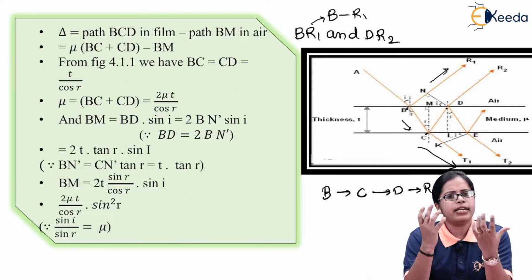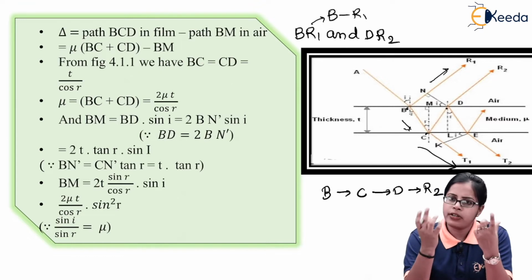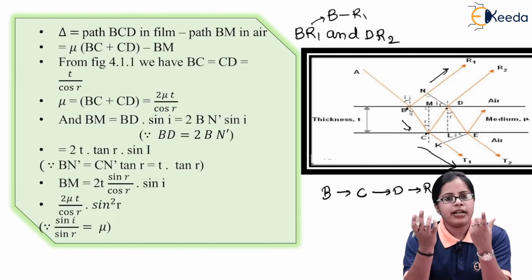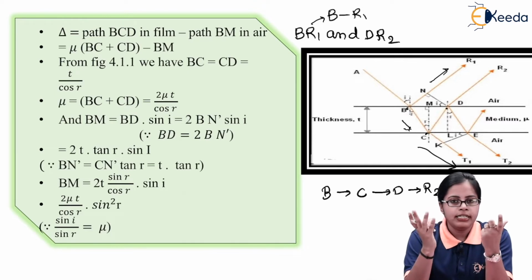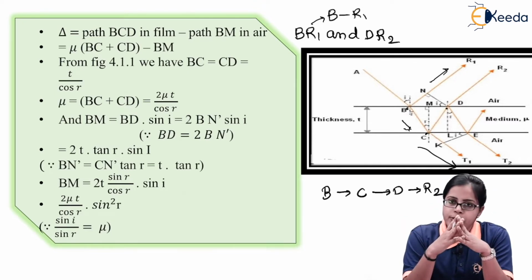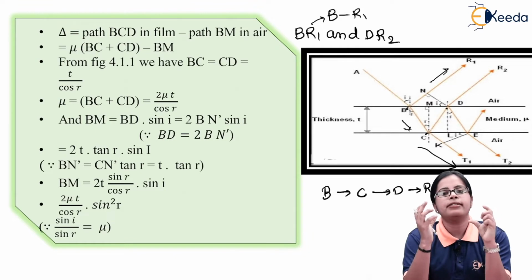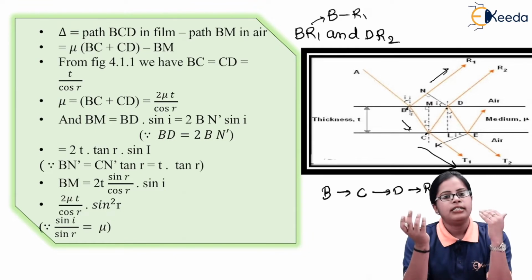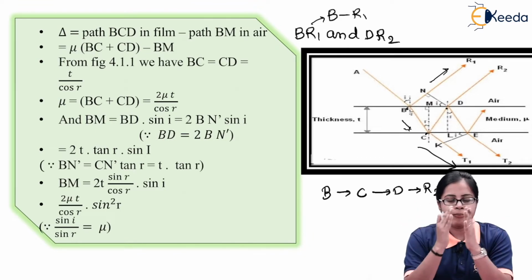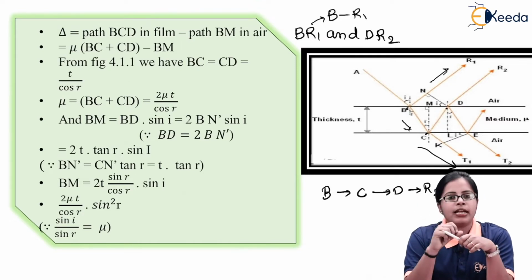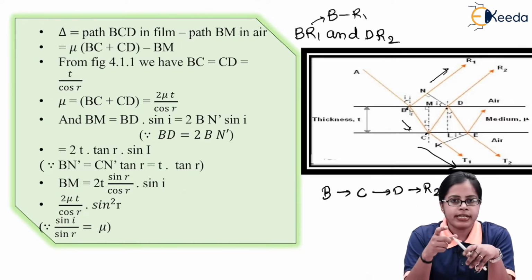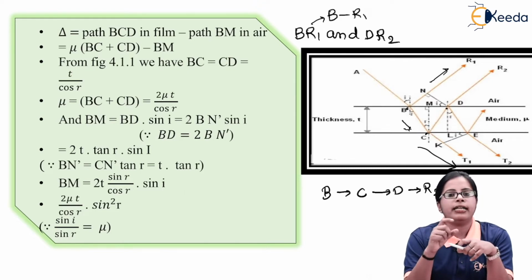So the two paths are obviously not equal: one ray of light has a smaller path and the other has a longer path. So can we calculate the path difference between them? The path difference will be written as the longer path minus the smaller path. Remember that DR2 is tracing a longer path and BR1 is tracing a smaller path.